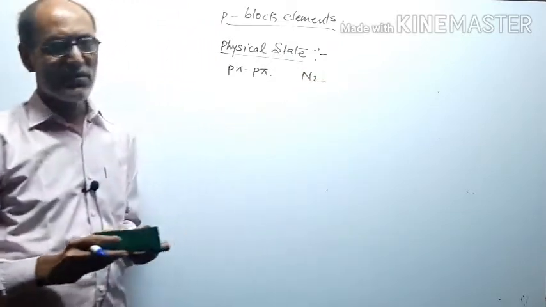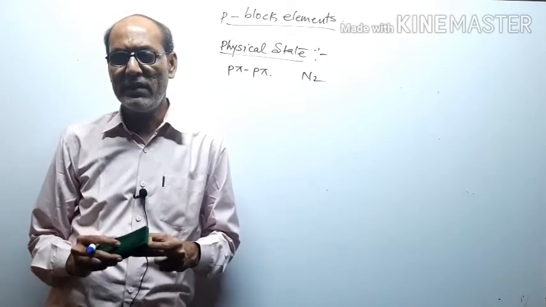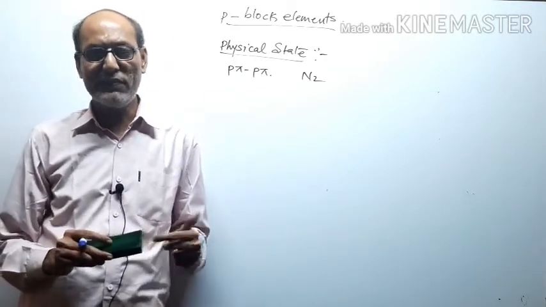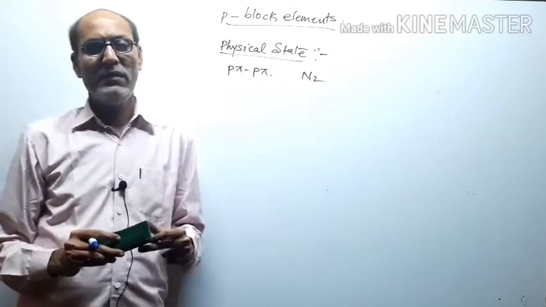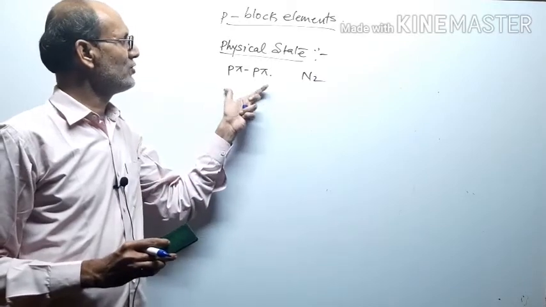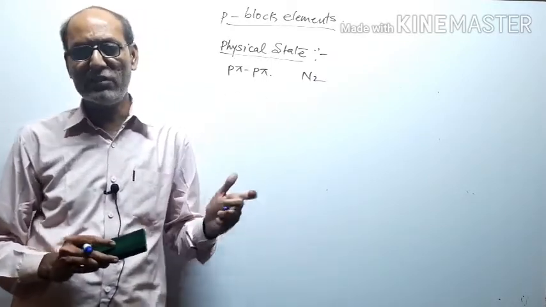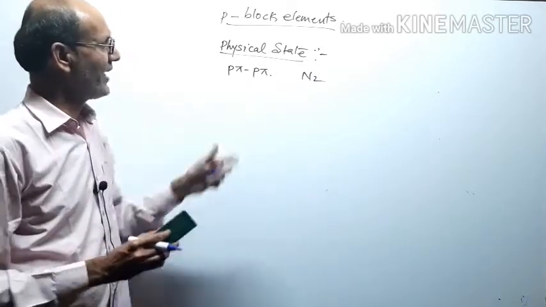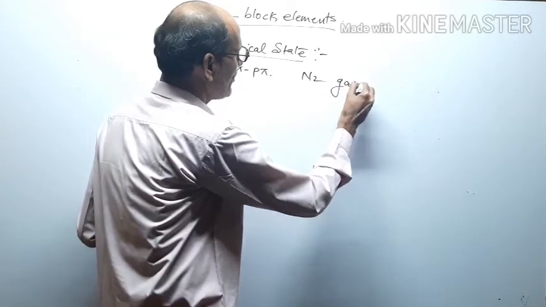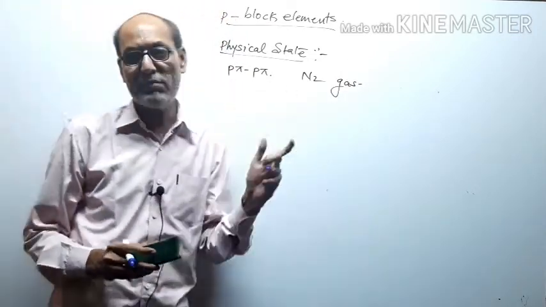But phosphorus is an easily vaporized solid, it can be converted into vapor, while other elements like arsenic, bismuth and antimony are completely solid. So if you want to conclude what is the nature of the elements present in group 15, nitrogen is a gas. And why is it a gas? Because it is small in size and due to the presence of p-pi bond.